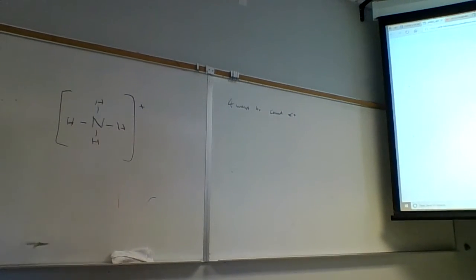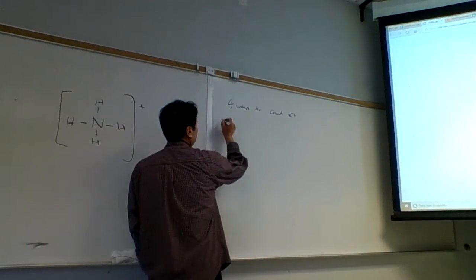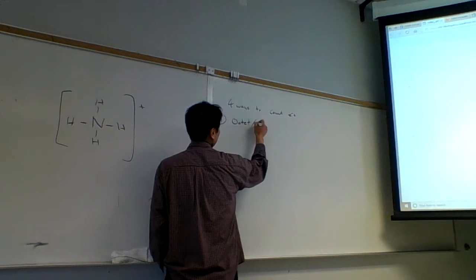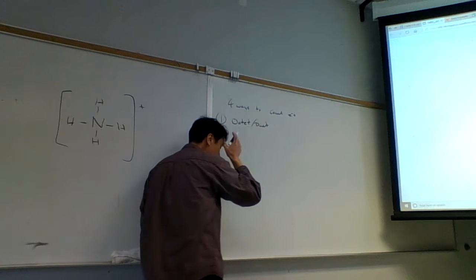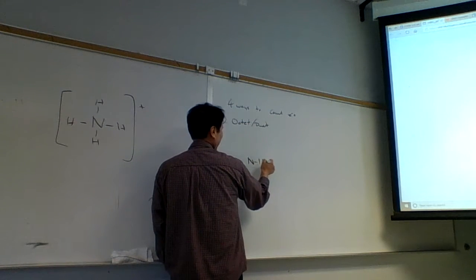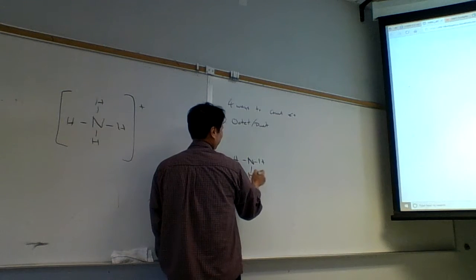The 4 ways. Okay, the first way is the octet/duet. And so let's just look at these 2 examples first: ammonia versus ammonium.